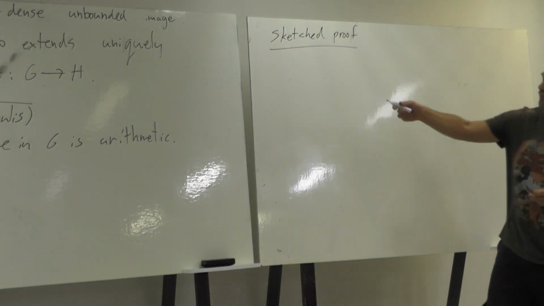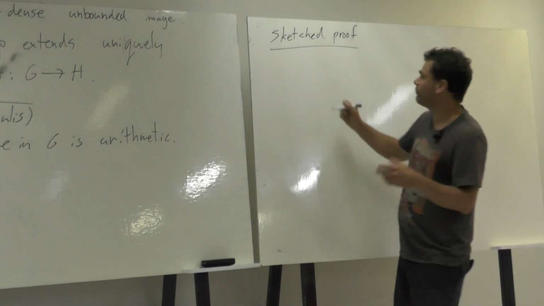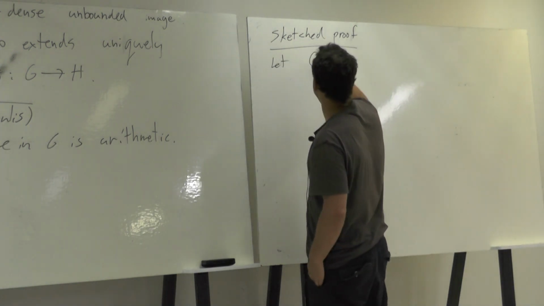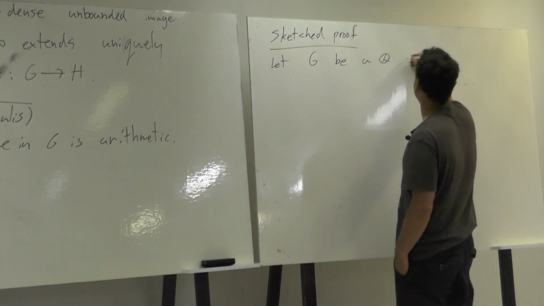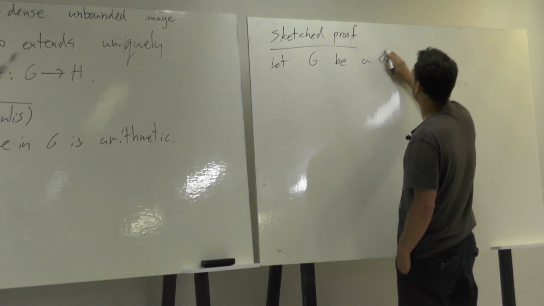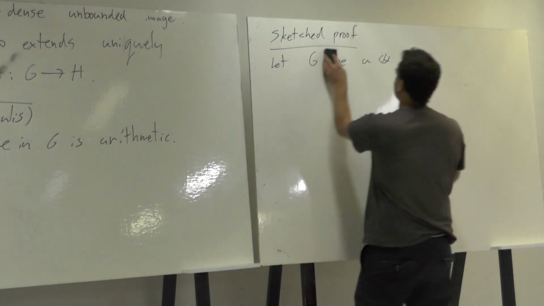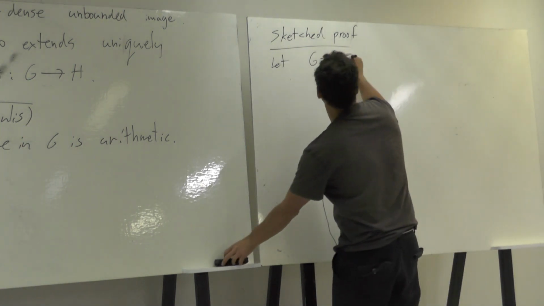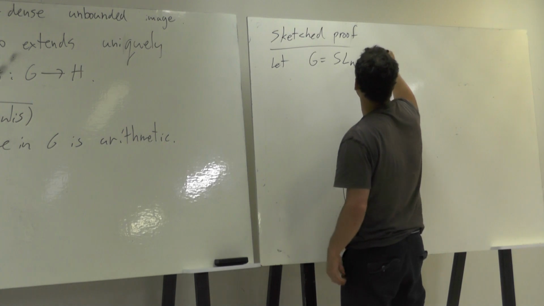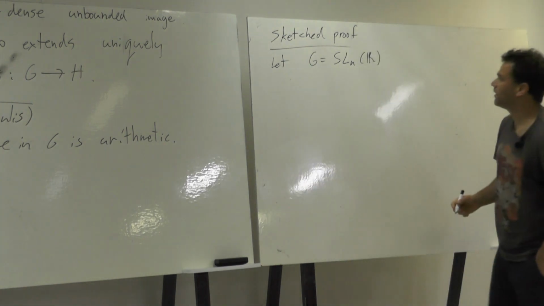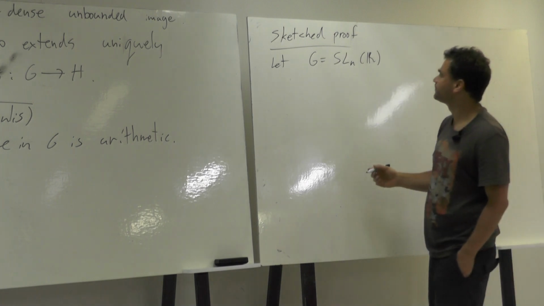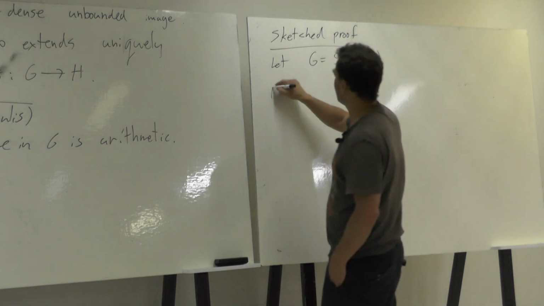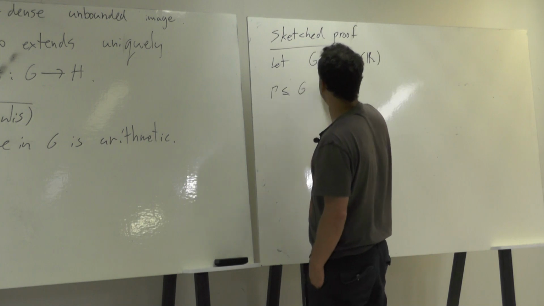So here is a sketch proof of this corollary. Let G be a simple algebraic group defined over Q. You can do it in general for any G, but in the last 7 minutes let's do it for SLn(R). Let gamma in G be a lattice.